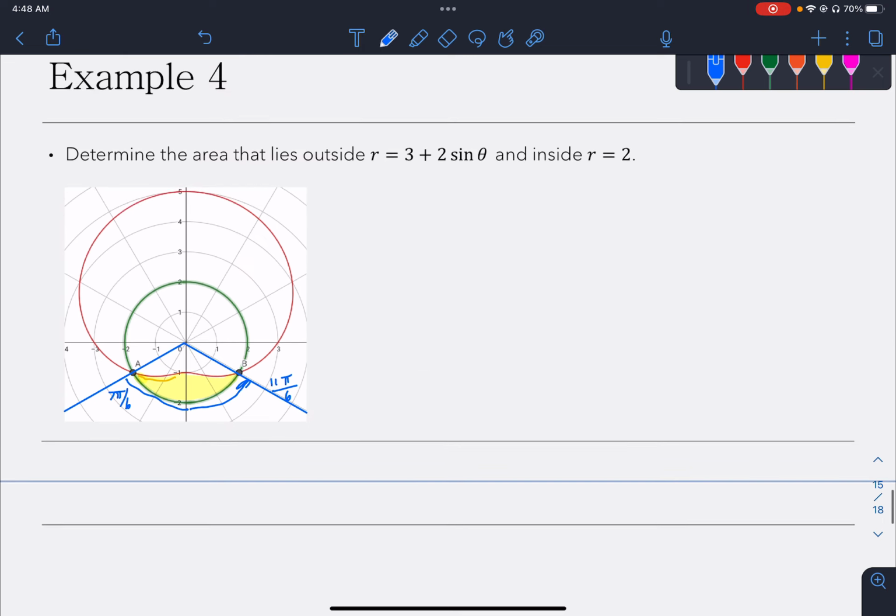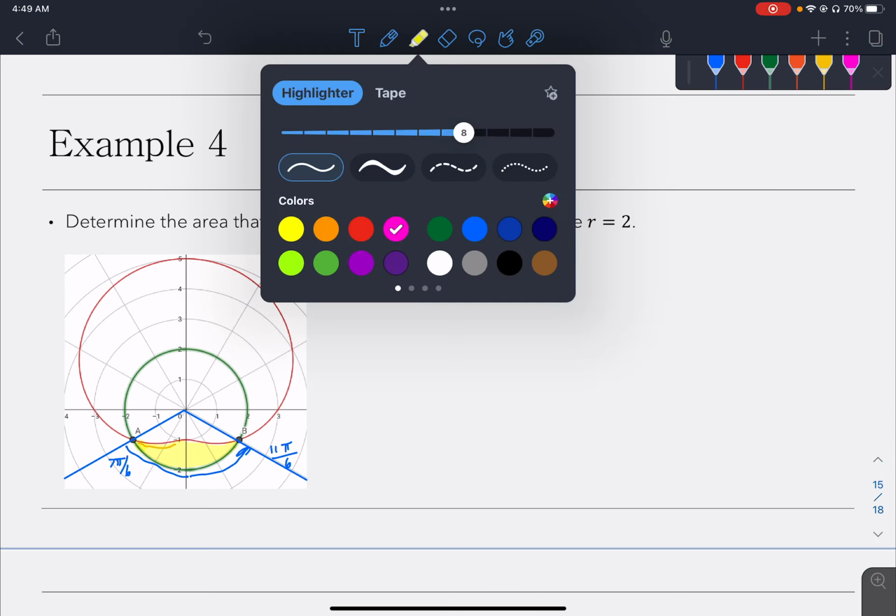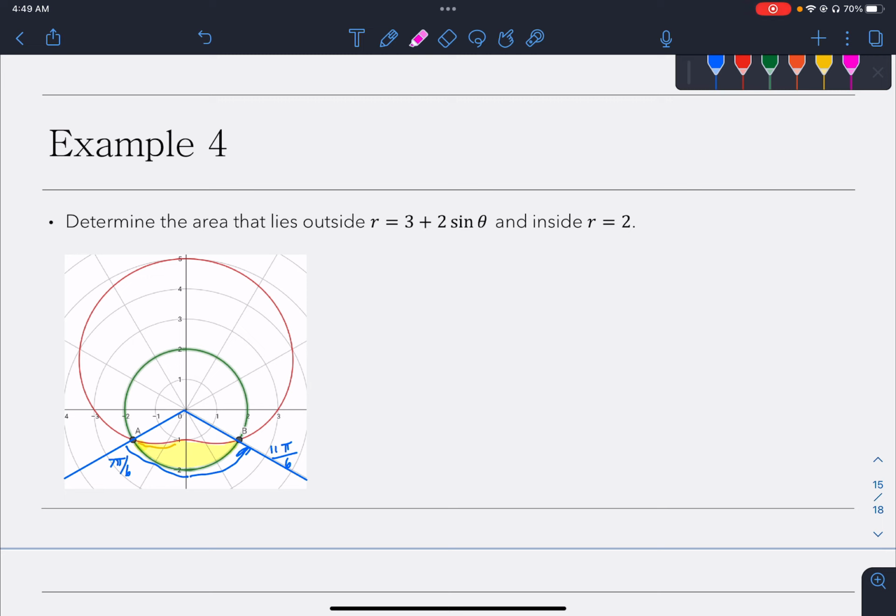Okay. So on how to get the area, it's the same thing. But this time, the area of the circle is bigger. So this is the area of the circle. So that's why I'll start with the area of the circle.